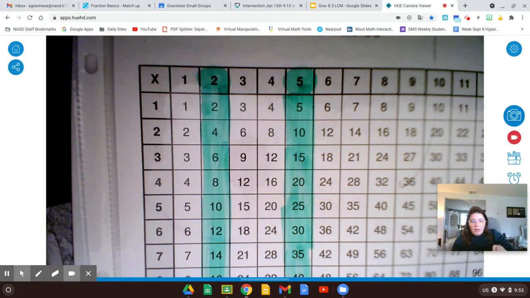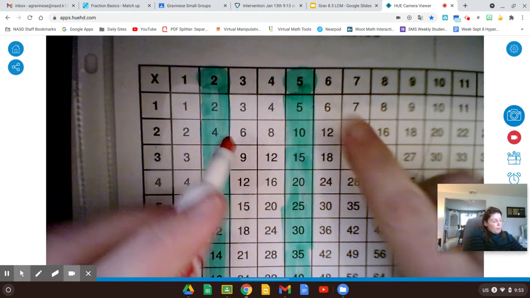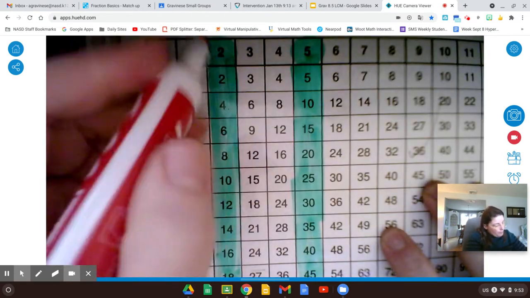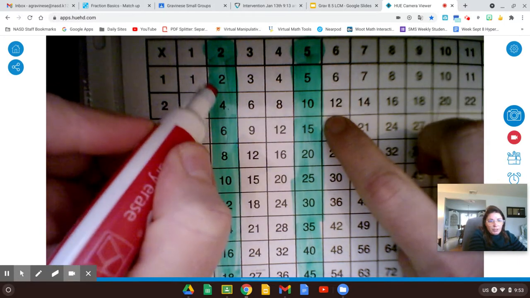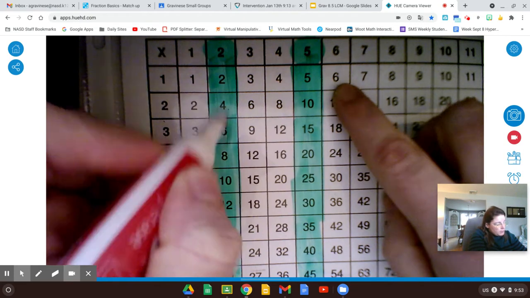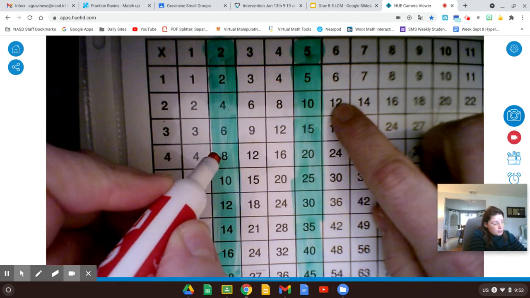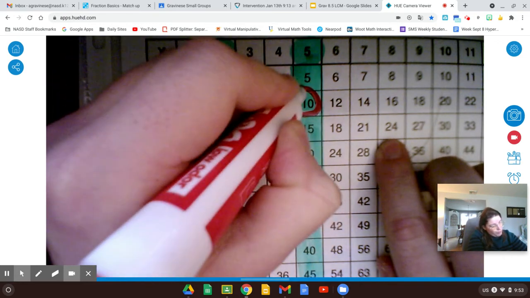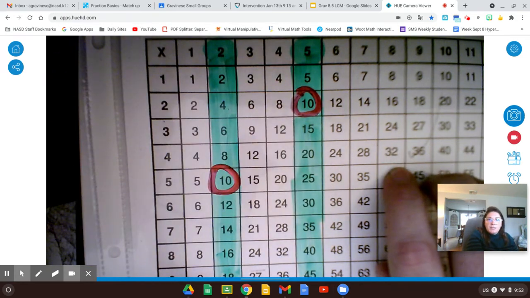Let's start out by finding all of the common multiples. That means that the number appears in both of my lists. Now, I don't have a 2 over here. I don't have a 4 over here, or a 6, or an 8. Oh, I do see a 10 in both of my lists. 10 is a common multiple of 2 and 5.